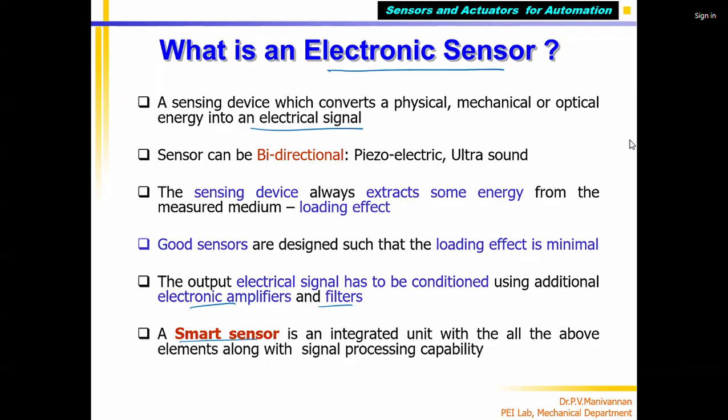It is a small computer, everything put on a single IC, inside a single semiconductor chip. It is a single unit. We call it a MEMS sensor. Nowadays, we call it a MEMS sensor, which is also called a smart sensor.